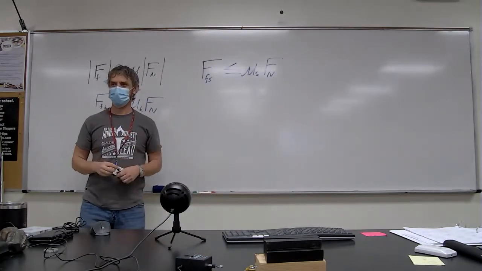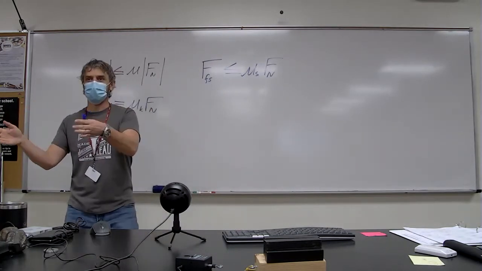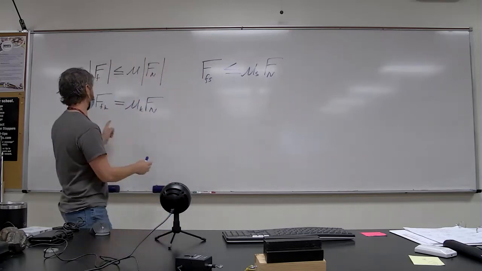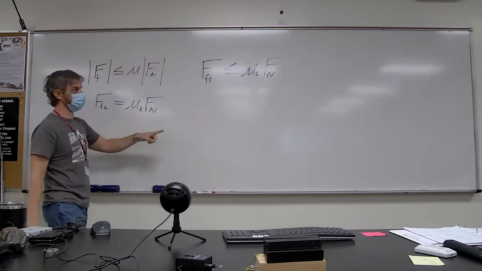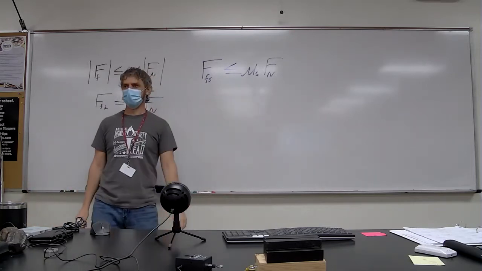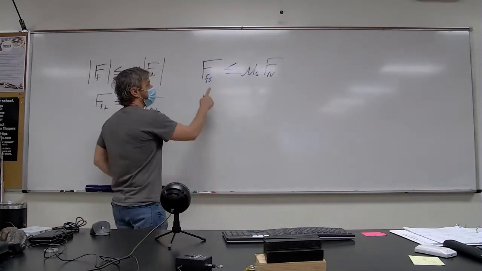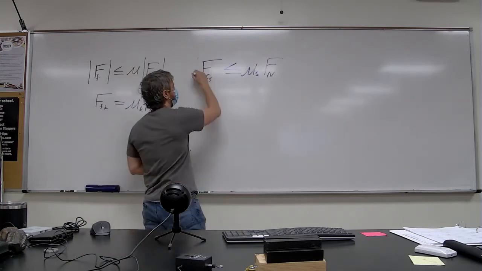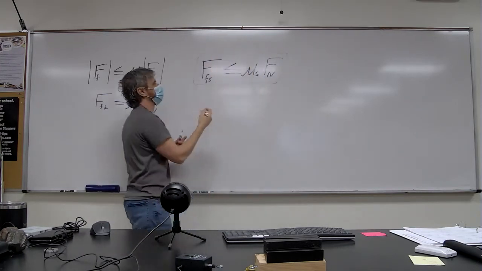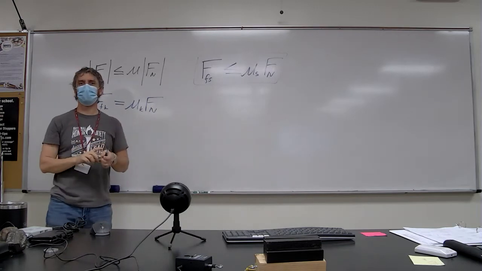The block starts to move, and then the static friction turns to kinetic friction. And so the friction force actually goes down because the coefficient of kinetic friction is smaller than the coefficient of static friction. Now, this one here, you need to understand conceptually, but it's very rarely actually used.